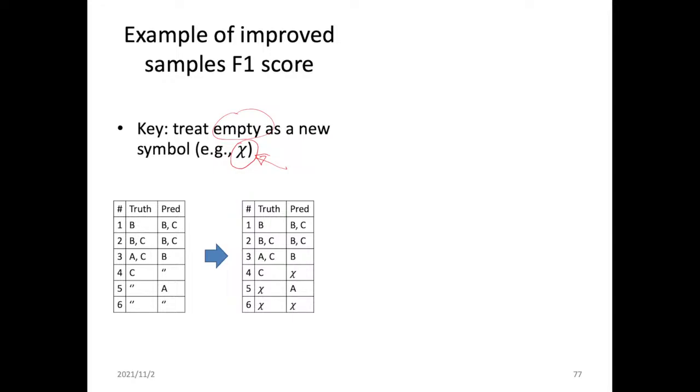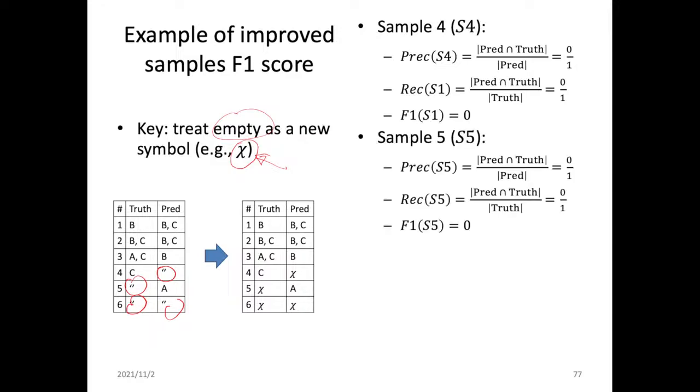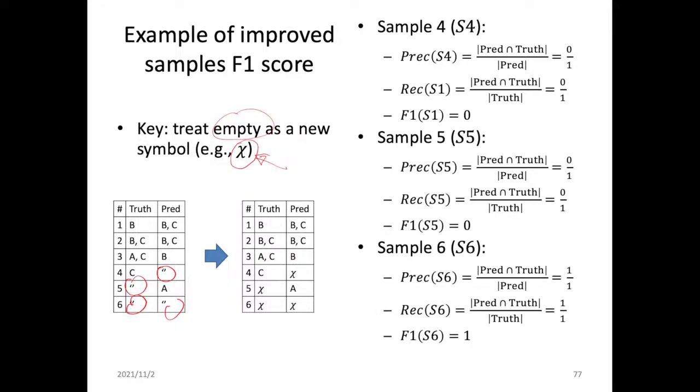Okay, so you replace all the empty symbols with X. And then you can do the same computation as before, I think. Because the only case where X would appear is these empty cases. Then you can compute the precision, recall and F1 score. And you will see that for samples 4 and 5, their precision, recall and F1 score are the same as before.